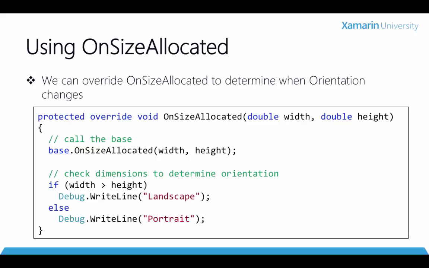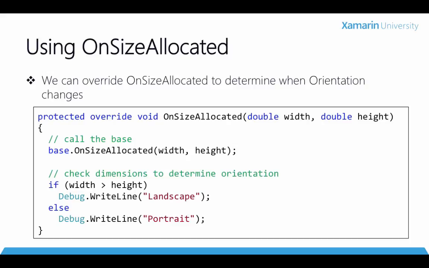Out of the box, there is no orientation property or orientation changed event in Xamarin.Forms. But what we can do is override the OnSizeAllocated method on a page. This is going to be called when the page has been assigned a size, but also whenever there's a change in page size due to rotation.